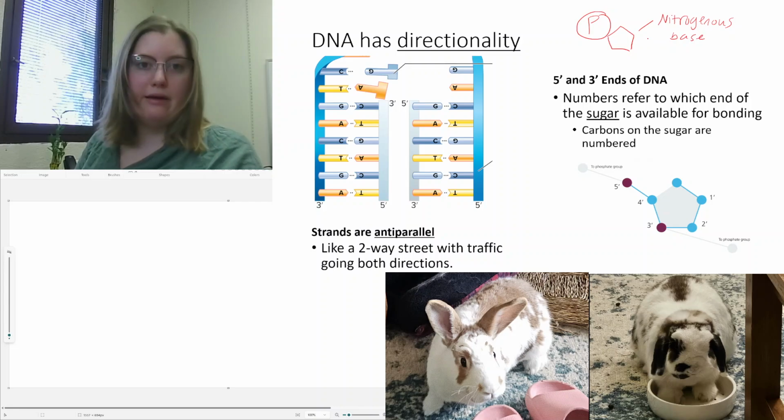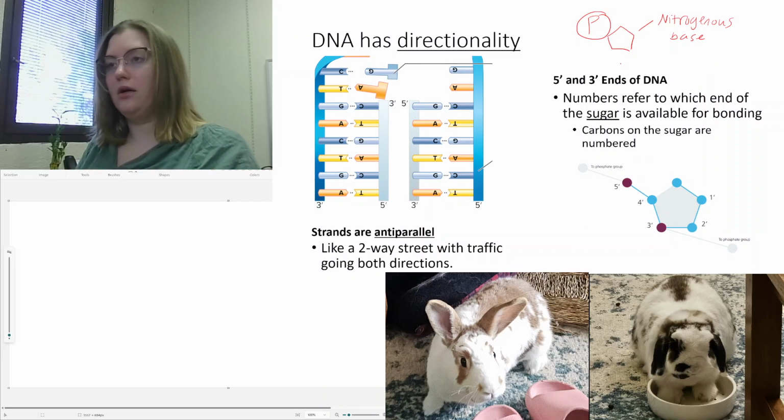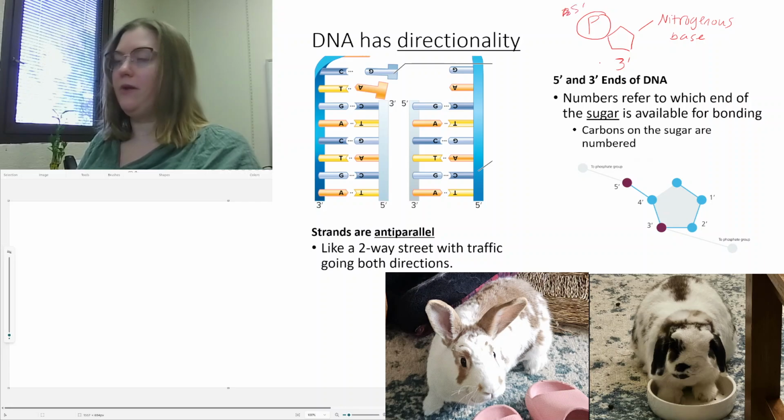And because every nucleotide is oriented in this way, we're going to end up with a direction, right? So this is one end, so this would be the 3' end, and this would be the 5' end. Oh my goodness, the 5' end.